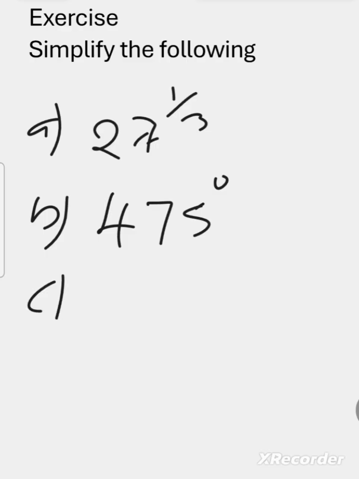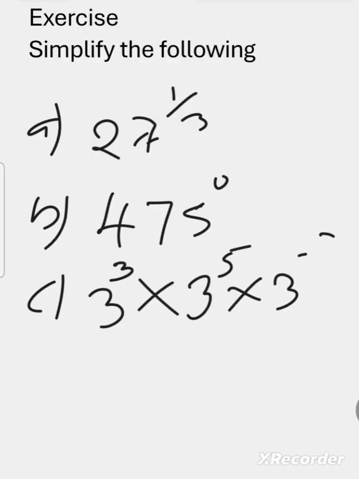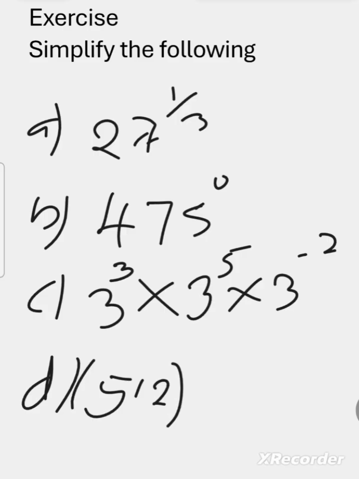C, you have 3 raised to power 3 multiplied by 3 raised to power 5 multiplied by 3 raised to negative 2. Then D, you will have 512 everything raised to power a third.